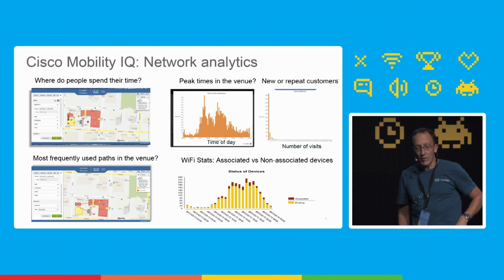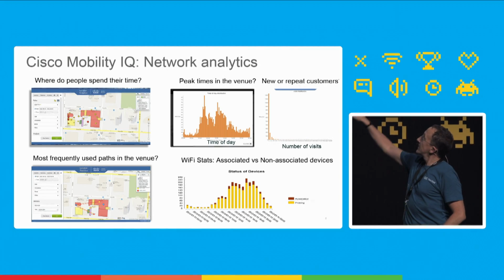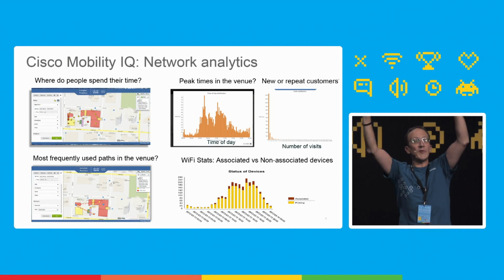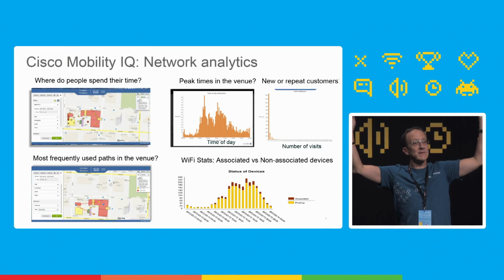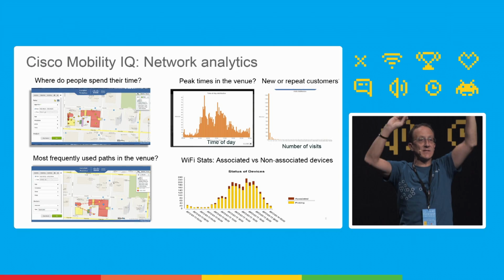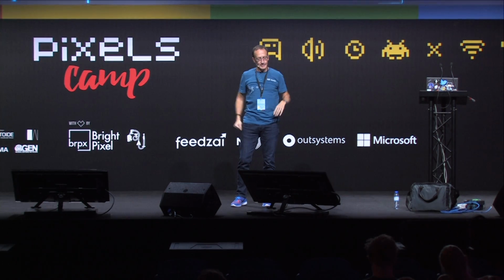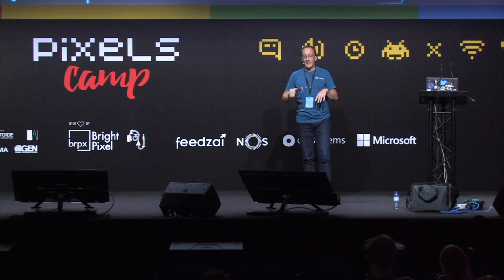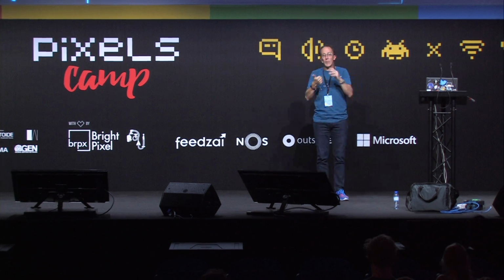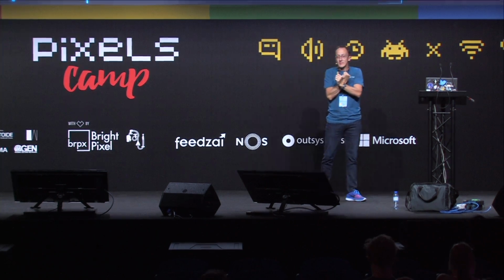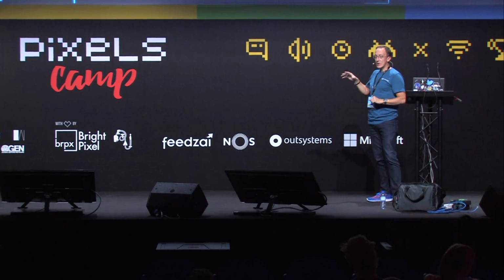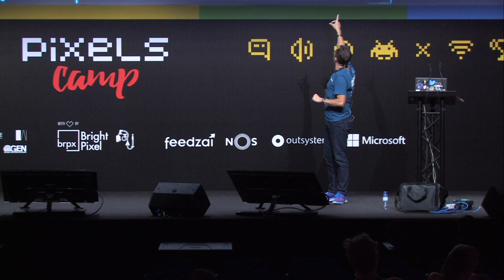Here is an example of what you can do. This represents an area where there are some Wi-Fi access points. The access points are the places you connect to. We spread them all over the place, and then it gives you information about how many people were in the locations today, and what were their typical paths.